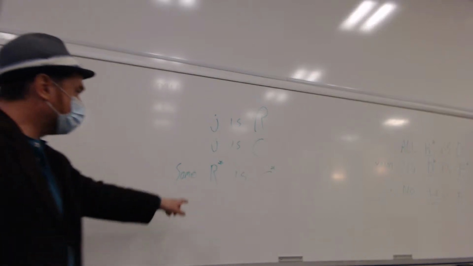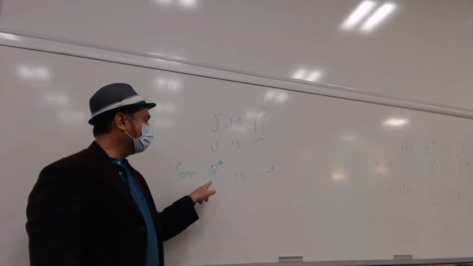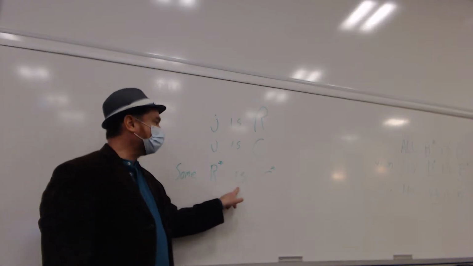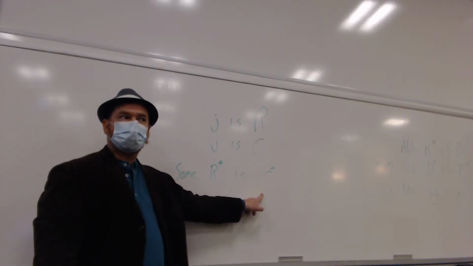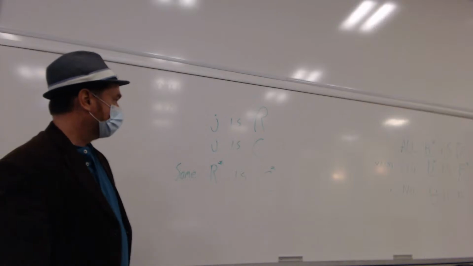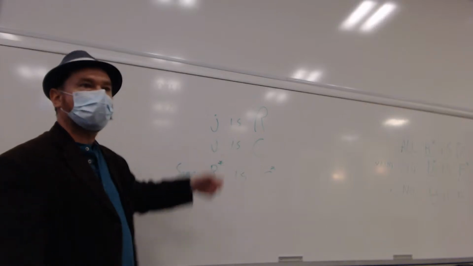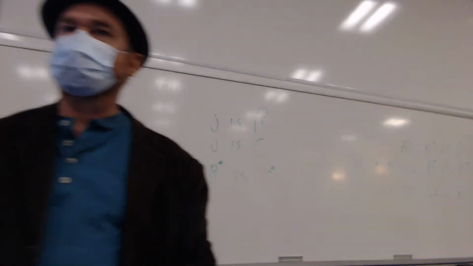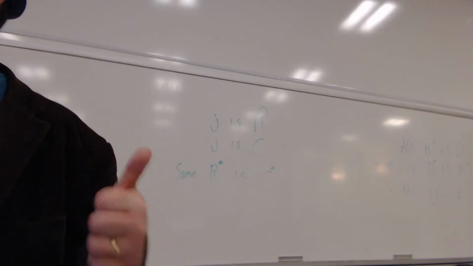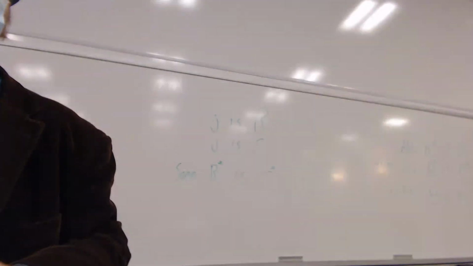Right. So this conclusion says some people who like raw steaks are people who like champagne. And that makes sense. Some people like Jones. All right, so does that help? Good. All right, what other ones can we go over?